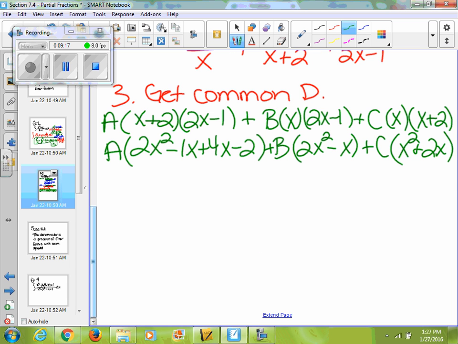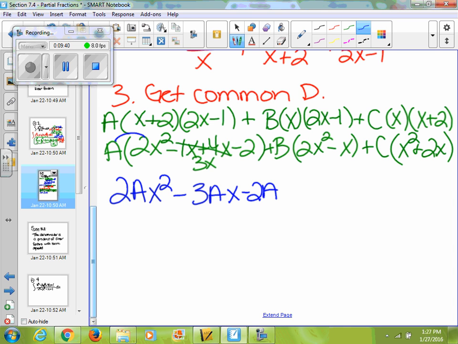Okay, so if we keep distributing, I know that minus 1x and 4x combines to be 3x. And if I distribute my a, a times 2x squared gives me 2ax squared. A times 3x gives me 3ax. A times minus 2 gives me minus 2a.